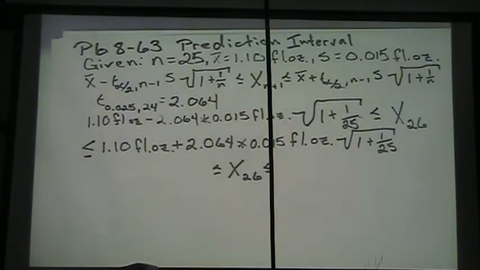All right, so equals 1.10 minus 2.064 times 0.015 times the square root quantity of 1 plus 1 divided by 25, right parenthesis, and Bob's your uncle.